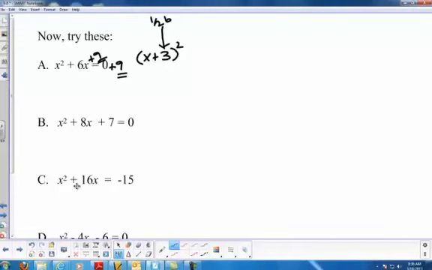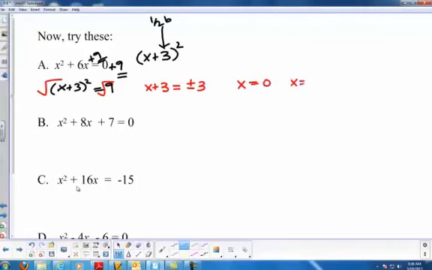So this factors into x plus 3 squared equaling 9. You're going to square root both sides. X plus 3 equals positive or negative 3. Therefore, x, if you subtract the 3 from positive 3, it'll be 0. If you subtract the 3 from negative 3, it'll be negative 6. So those are your two solutions.